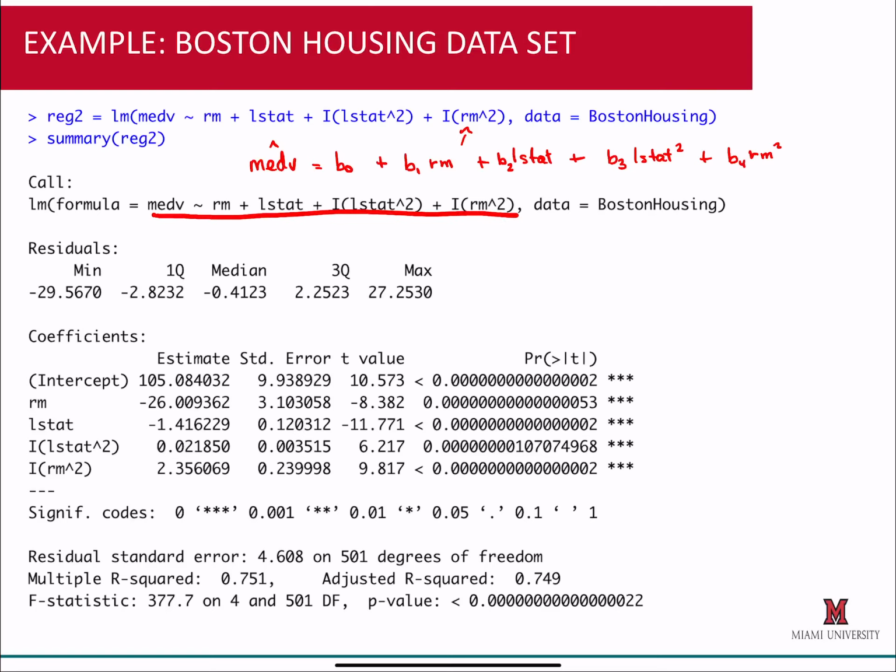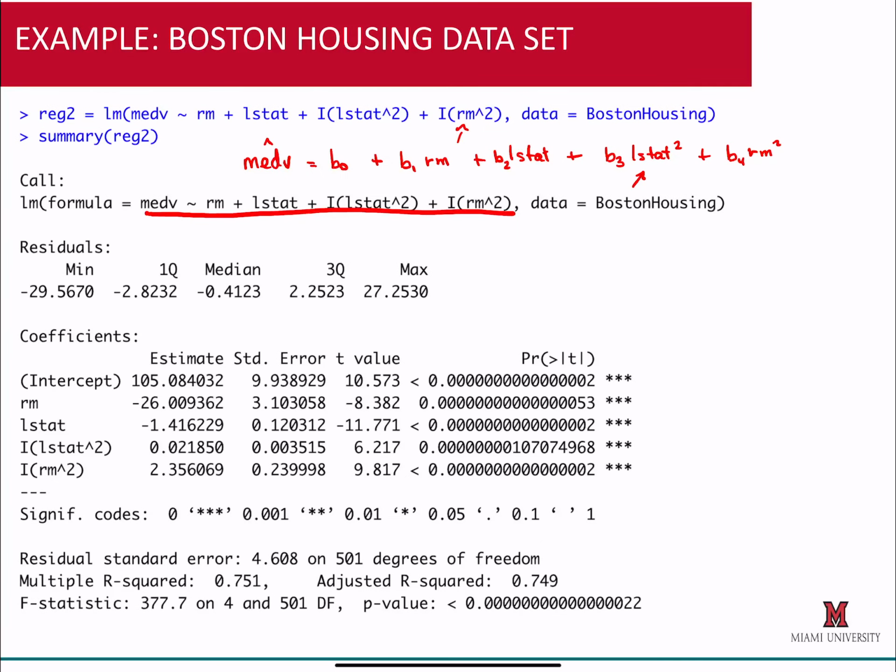The only thing that I want to point out is if you include the quadratic trend term in there, it is always advised that you include the original term as well. You can't have a squared value without the original variable being in there.